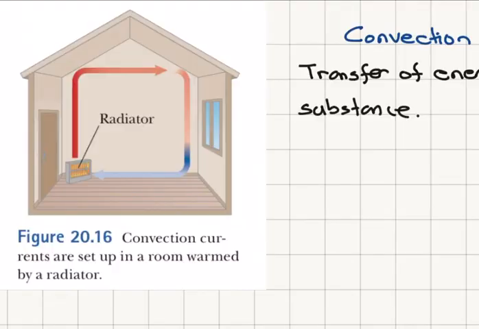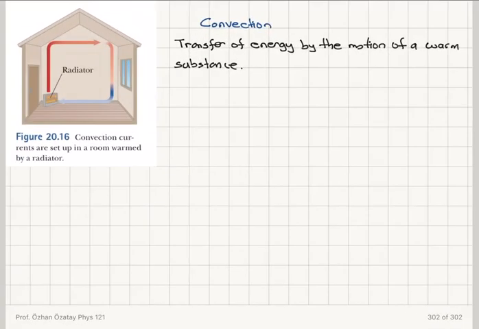And here is the example you can see here. At your home you have a radiator, and this radiator basically heats up the air that's close to the radiator, and this warm air rises and basically cycles through your house, and it's the motion of this warm air that's around the radiator that is causing the transfer of energy into the whole room, and therefore it's energy transfer by convection.